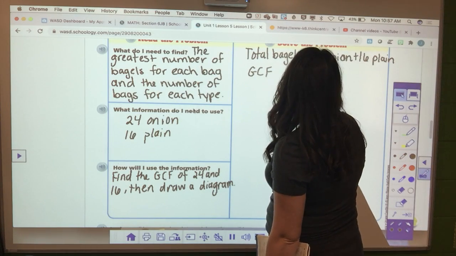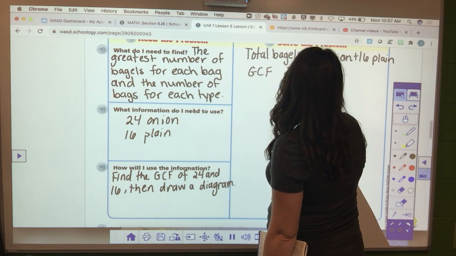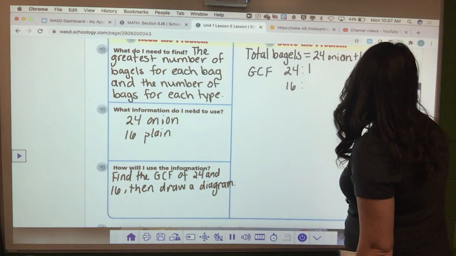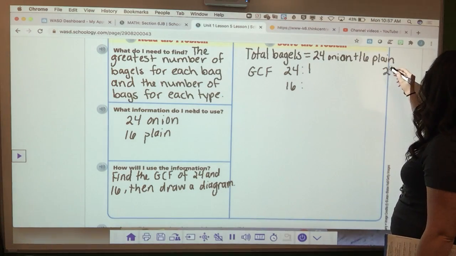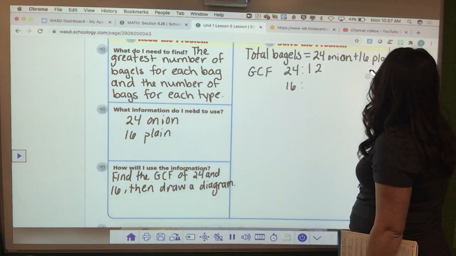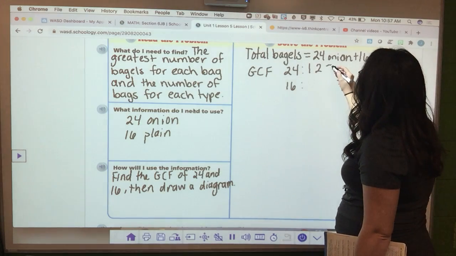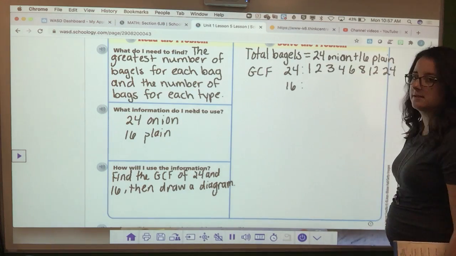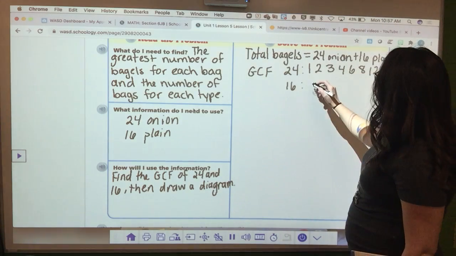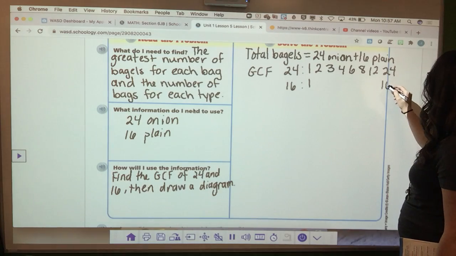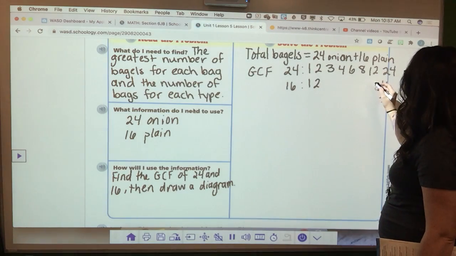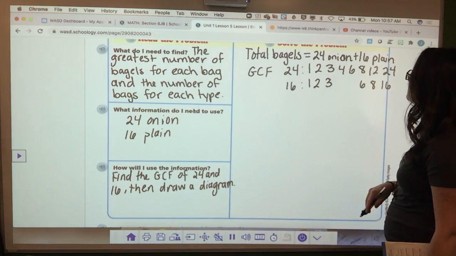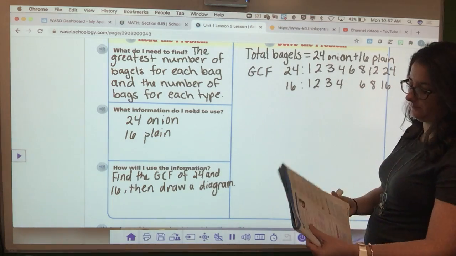GCF of 24 and 16. Okay? For 24, we have 1 and 24. We have 2 and 12. We have 3 and 8. And we have 4 and 6. For 16, we have 1 and 16, 2 and 8, 3 and 6, and 4 times 4.